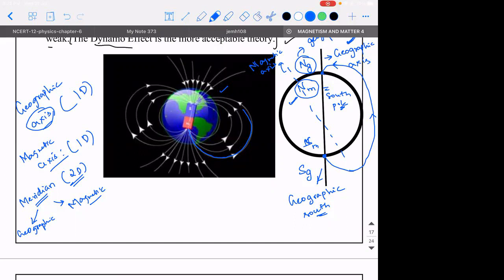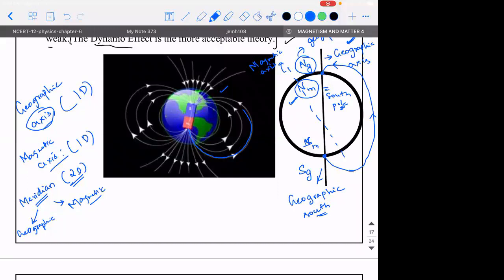So write it down. A plane passing through the geographic north and the geographic south and perpendicular to the geographic axis is called the geographic meridian.